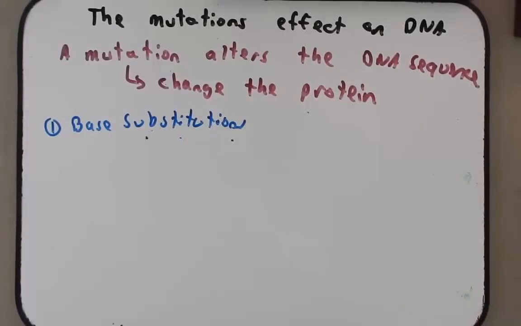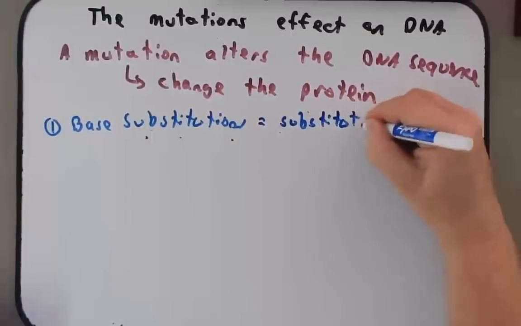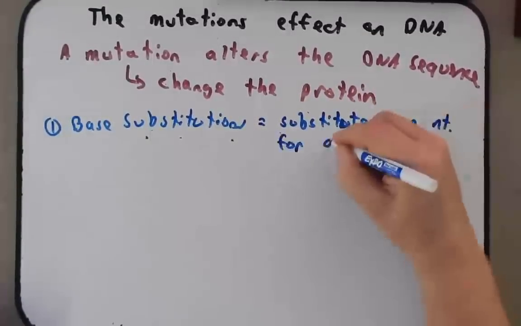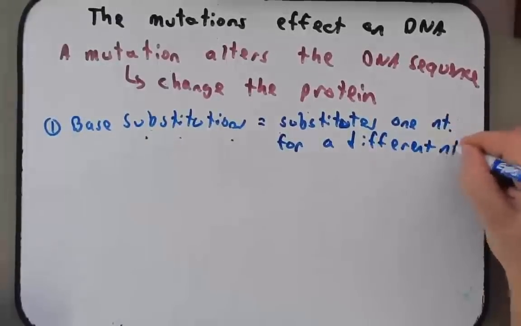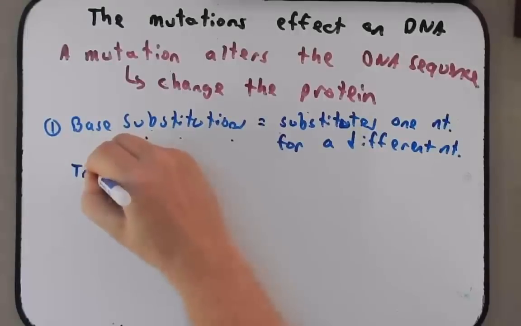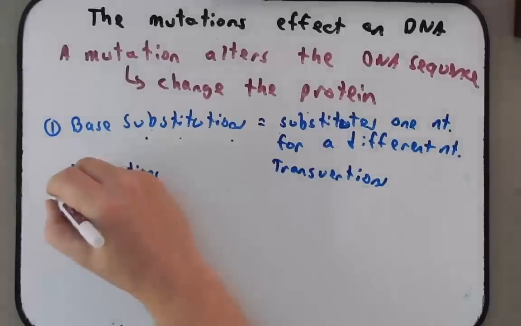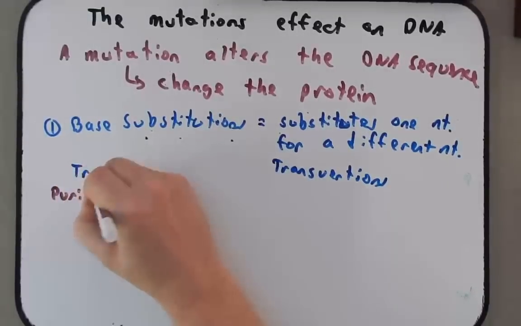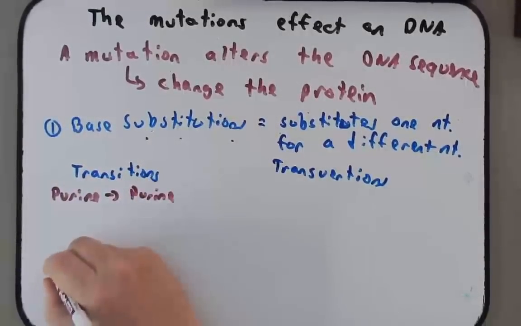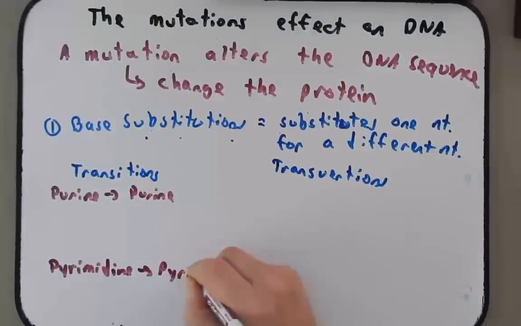So just as it sounds, a base substitution substitutes one nucleotide for a different nucleotide. Base substitutions are either transitions or transversions. A transition is either changing a purine to a purine or a pyrimidine to a different pyrimidine.